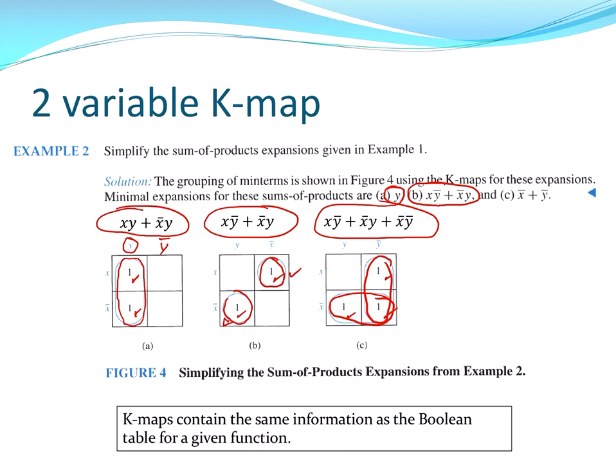Well, in this vertical group, the thing that doesn't change complementation is y bar. In this horizontal group, the variable that doesn't change complementation is x bar. And so I can write down the minimized function as x bar plus y bar, which is a nice increase in efficiency compared to the 3 minterm sum. That is it for 2 variable K-maps.